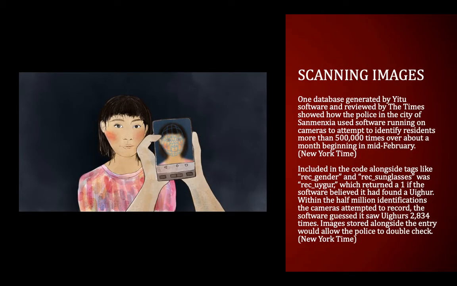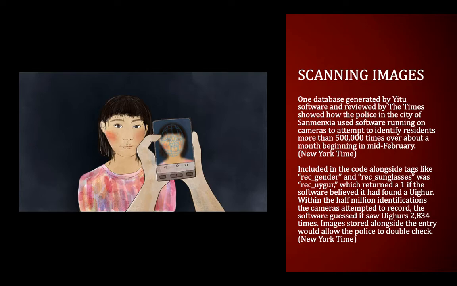They're even scanning images. And this is part of a quote: Our database, generated by YouTube software reviewed by the Times, shows how the police in the city of Xinjiang use software running on cameras to attempt to identify residents more than 500,000 times over about a month, beginning in the middle of February.